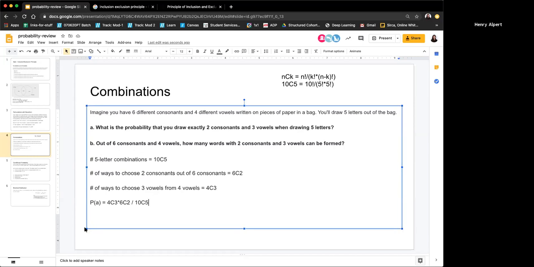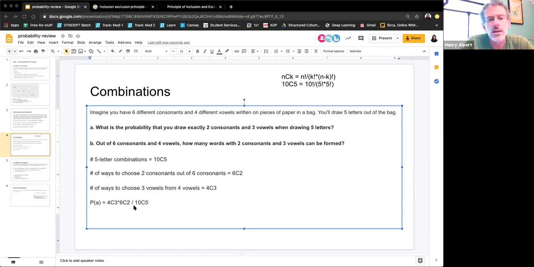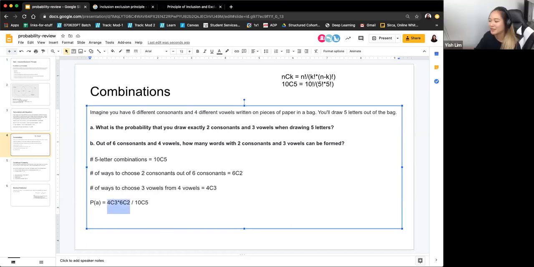I have a question. How come you multiply for the numerator instead of adding them together? Let me see. Why do I multiply it?